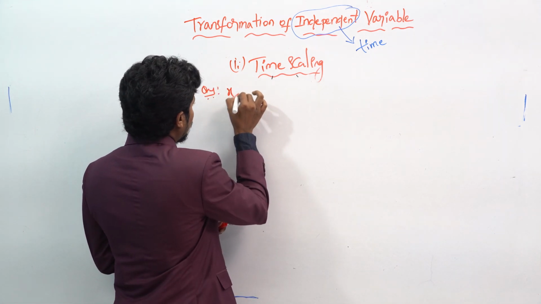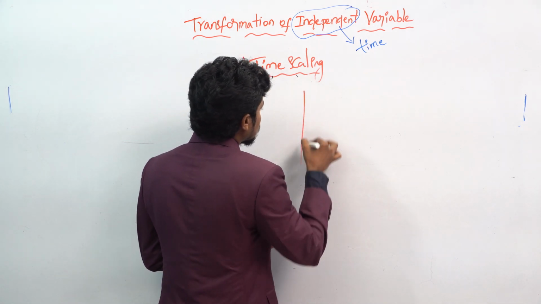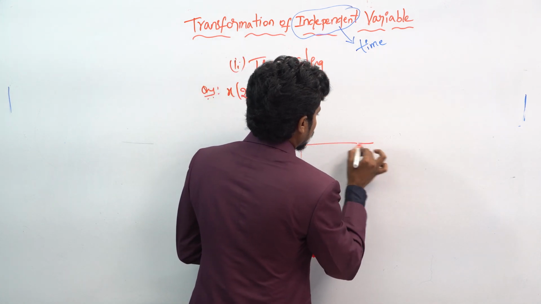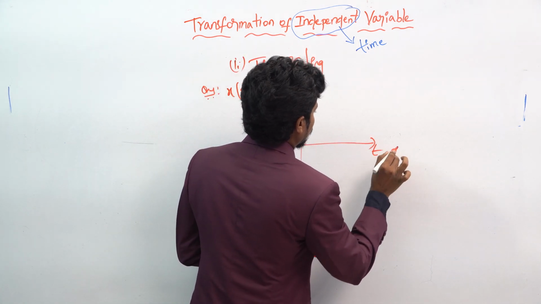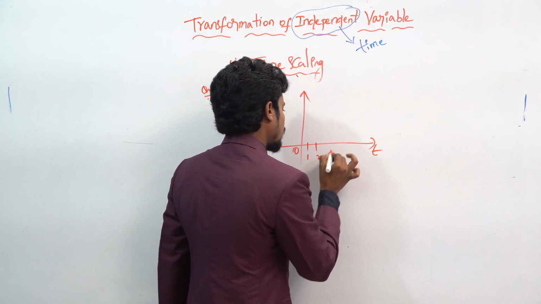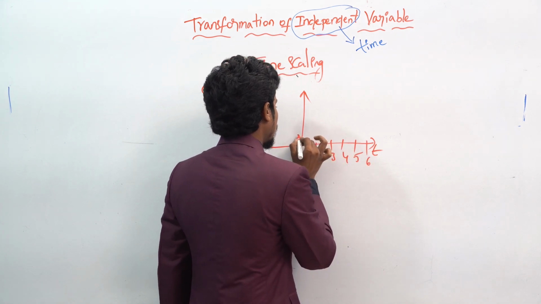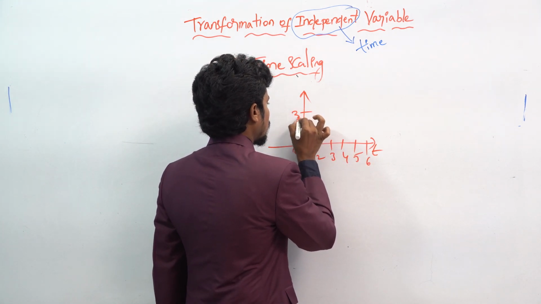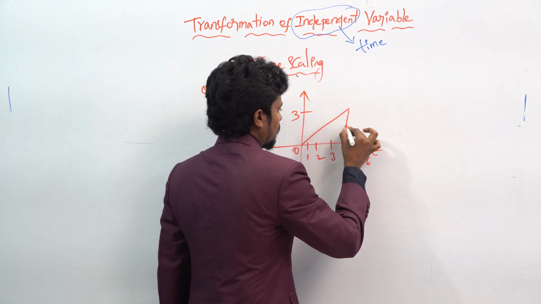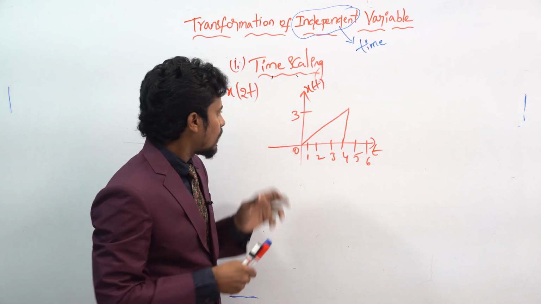We have to find x of 2t. The plot is like this. So this will be 0, 1, 2, 3, 4, 5, 6. Here this will be 3. This was the plot. They will give x of 2t.